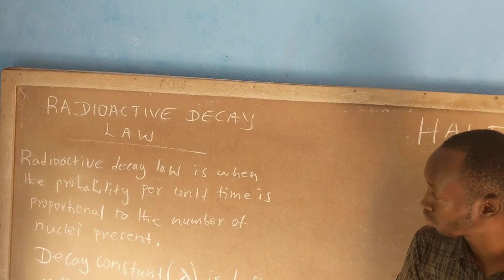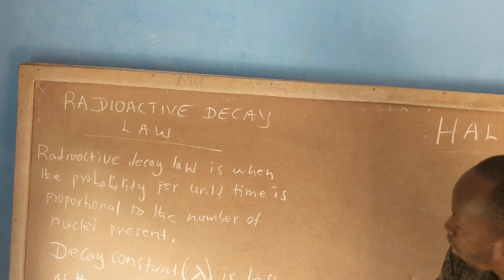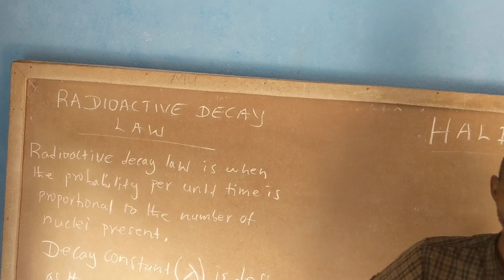The radioactive decay law tells us that the probability per unit time is proportional to the number of nuclei present.